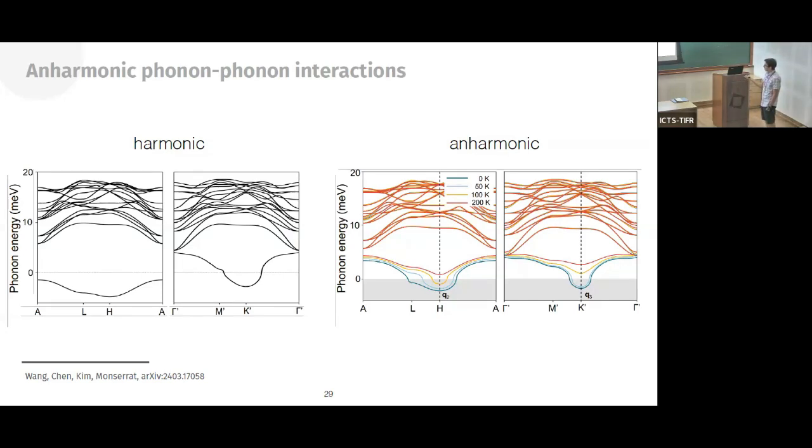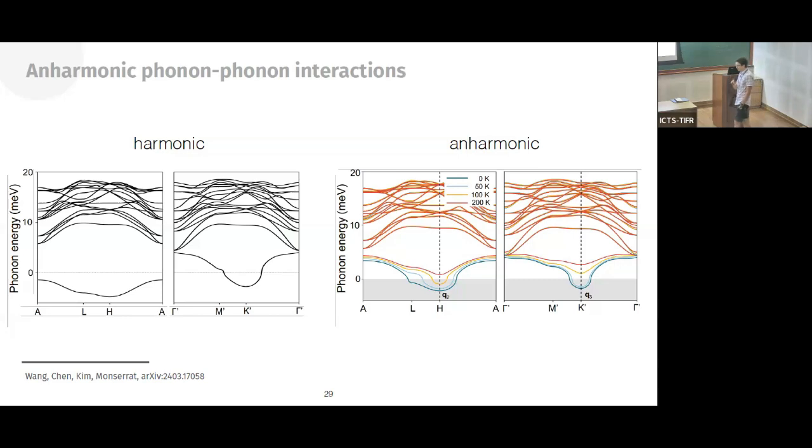At the harmonic level, there are many potential instabilities. If you do a more accurate calculation, including anharmonic terms, many of them go away. But you are still left with the dominant ones, the K prime or Q3 instability, the Q2 instability, and also at 0 Kelvin, you have a tiny instability at L still. But if you go to 50 Kelvin, the L instability also goes away, and you really only have the Q2 and Q3 instabilities.